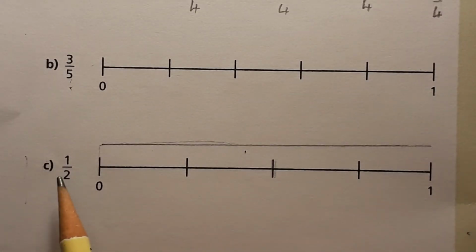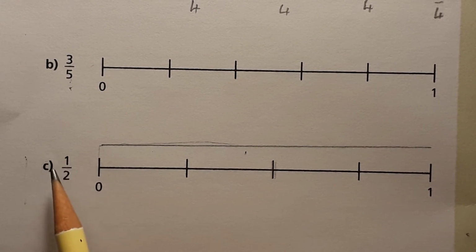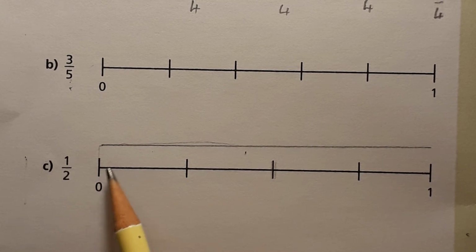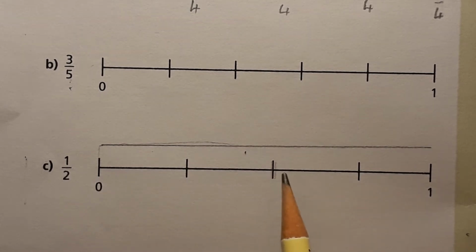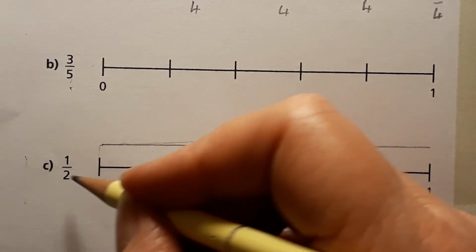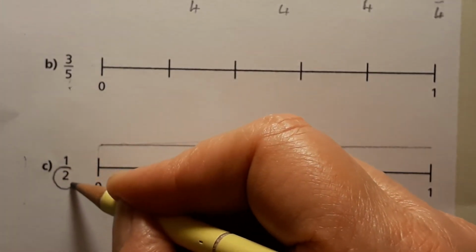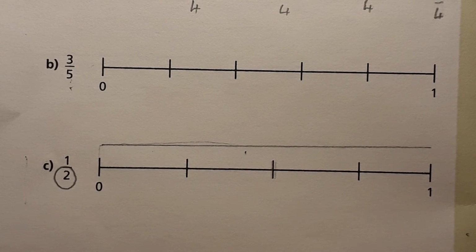And here for part C, if you're not sure, because they've told you a fraction of a half, but they've divided it into 1, 2, 3, 4 equal parts. But we know that our denominator tells us that there are 2 equal parts.